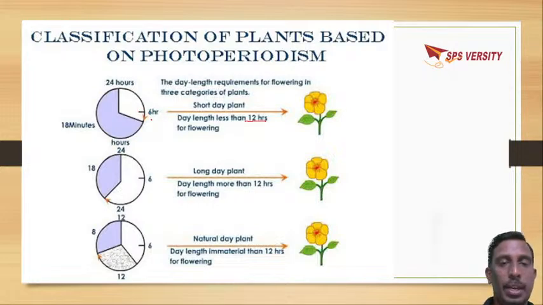Long day plants where the day length is more than 12 hours. If it is more than the 12 hours, they are also called short night plants. These are short night plants. These are long night plants.